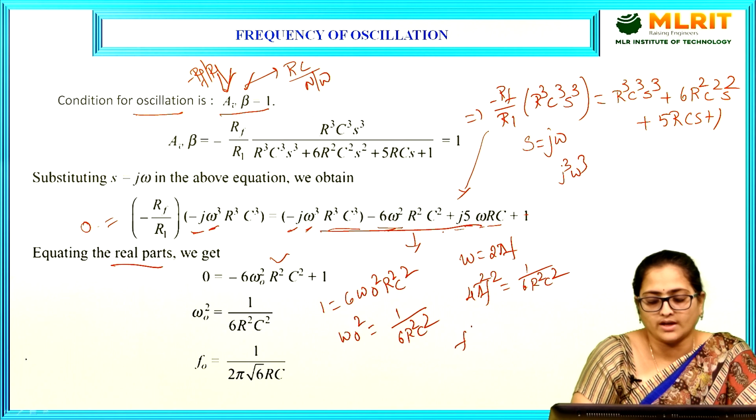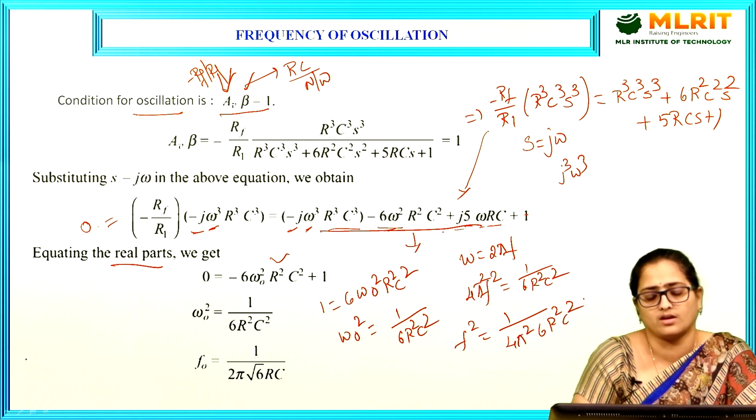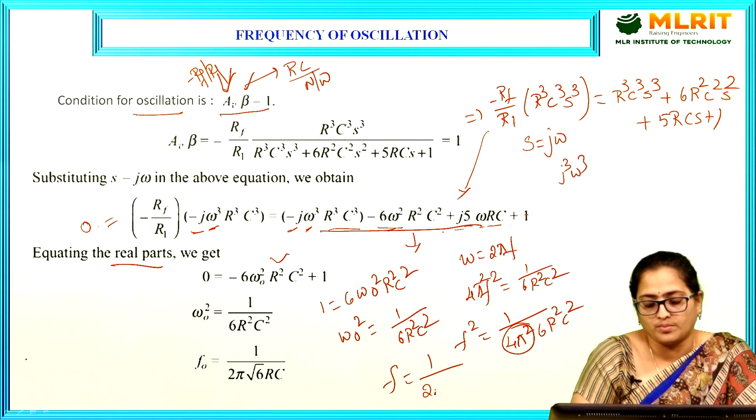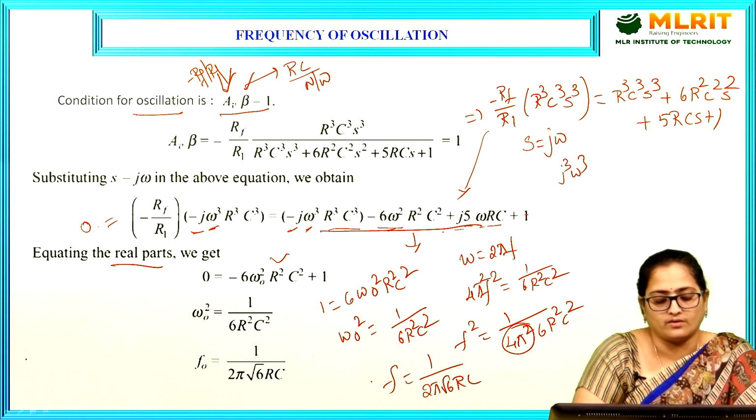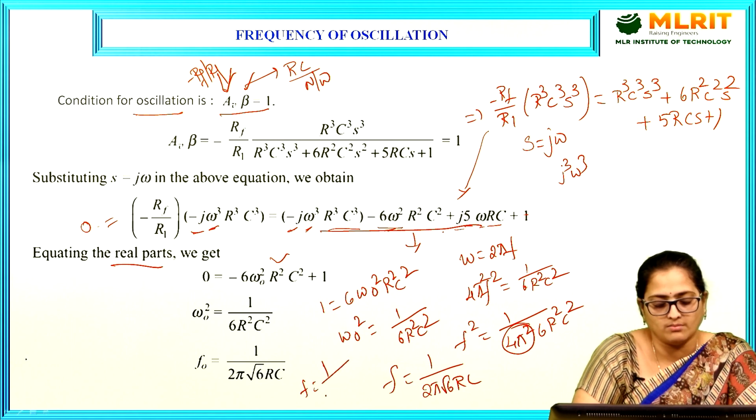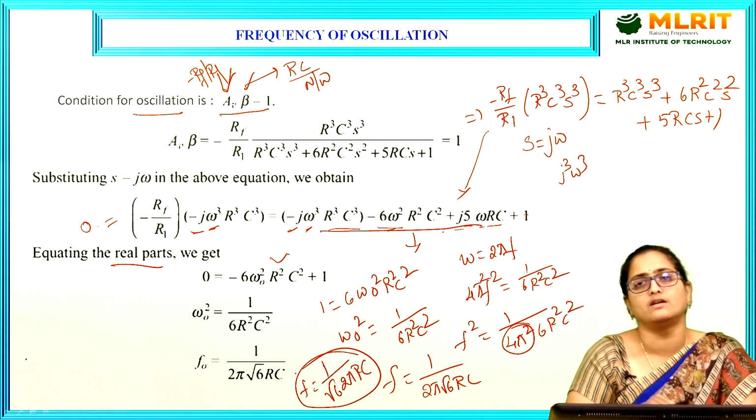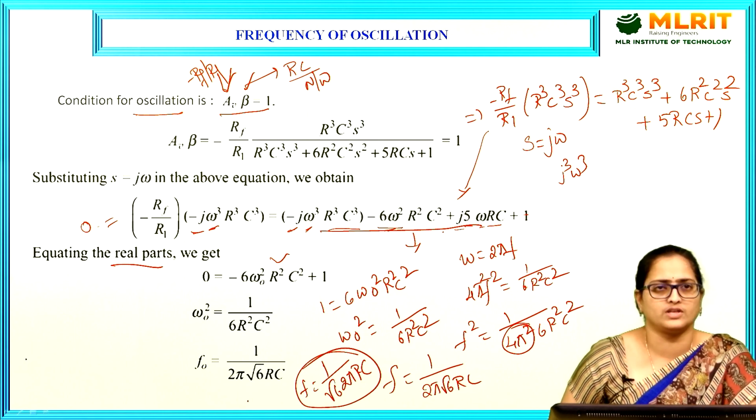So you can write f square is equal to 1 by 4 pi square 6 R square C square, and f is given as 1 by 2 pi root 6 RC. So you can write this f as 1 by 2 pi RC root 6. This is the frequency of oscillation.